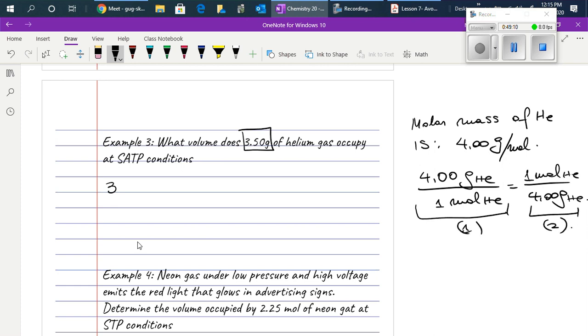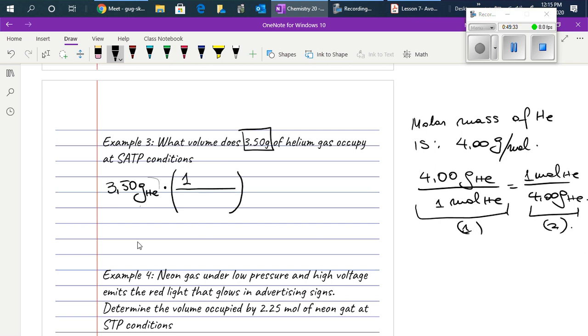Okay, so now we start with what is given, 3.50 grams of helium, times, and we think which ratio we have to use, 1 or 2, in order to cancel the grams. It is ratio 2.